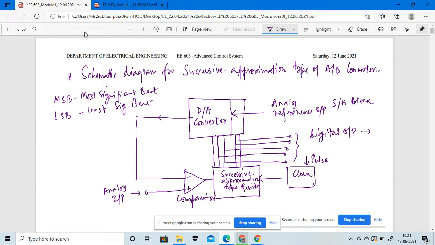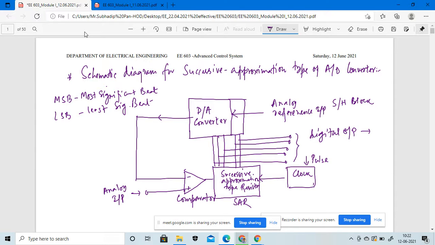Right? So in this approximation type of process, we only consider the successive approximation type of register, which can also be shortened to SAR. That register will first turn on the most significant bit, and it compares it with the analog input using the comparator.